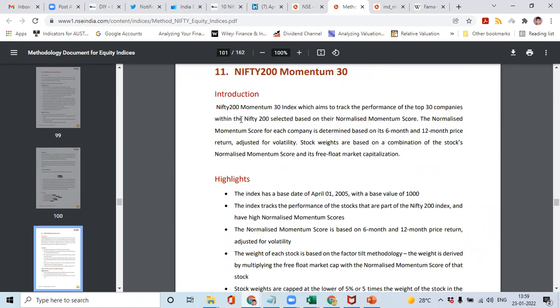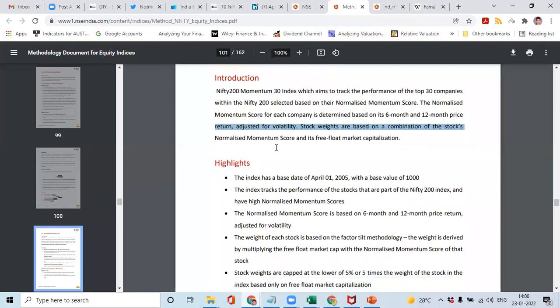We'll just take 2 minutes to read whatever is given. You can download this document and read it leisurely. It's about 150 pages. So it's based on a normalized momentum score, based on 6 month and 12 month price returns, adjusted for volatility. Stock weights are based on a combination of momentum score and free float market capitalization.